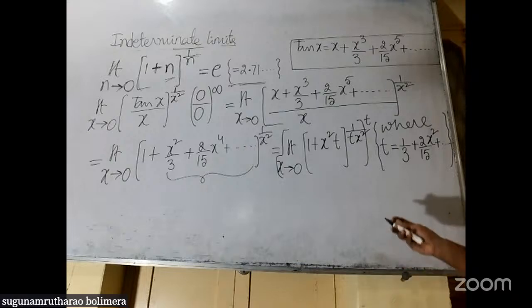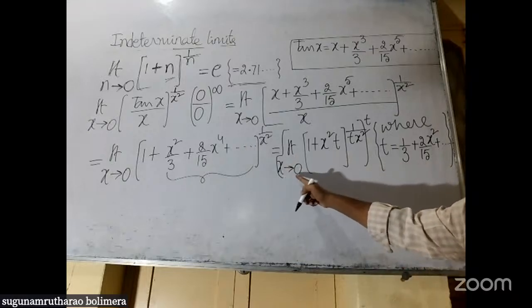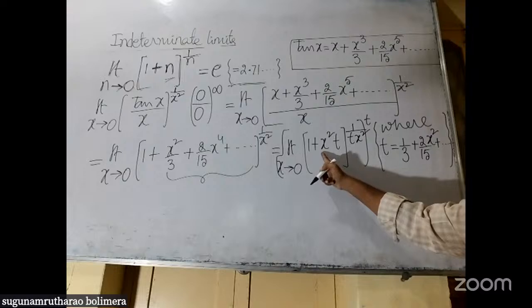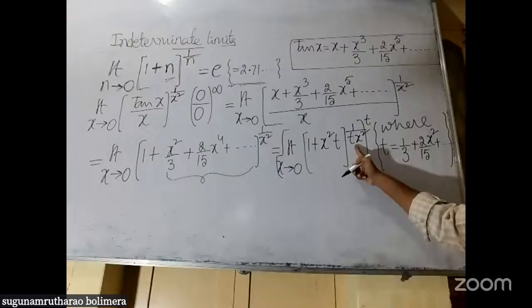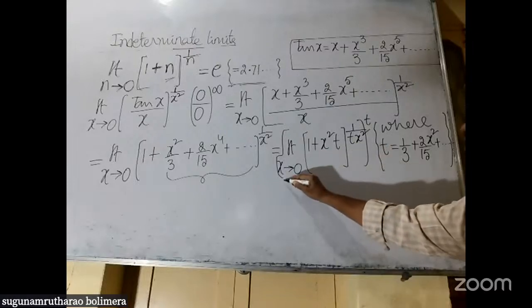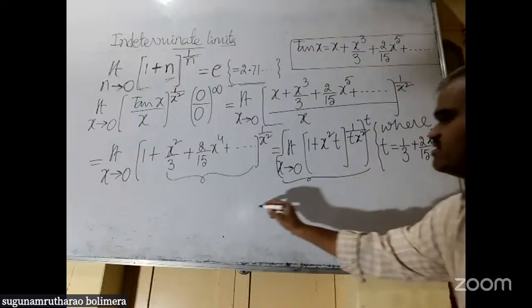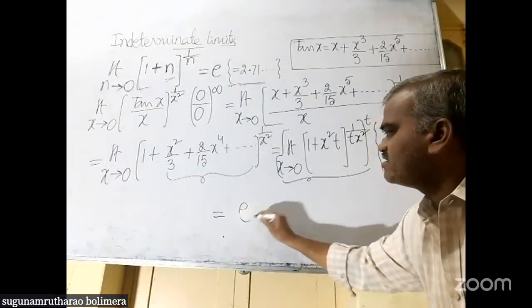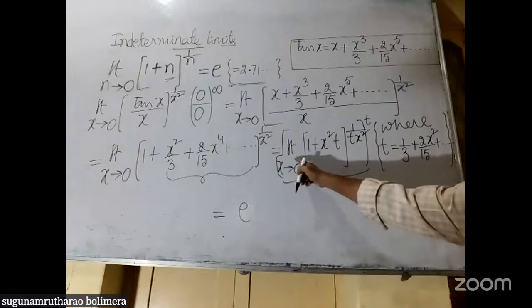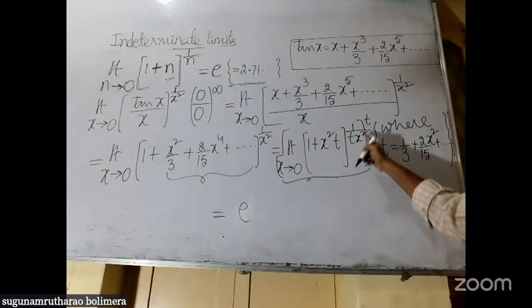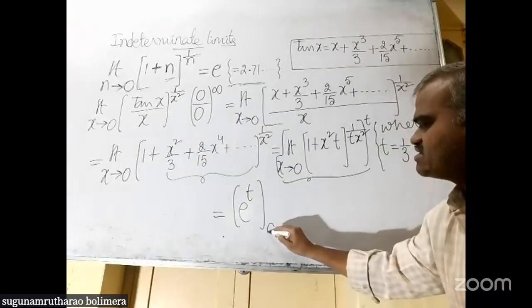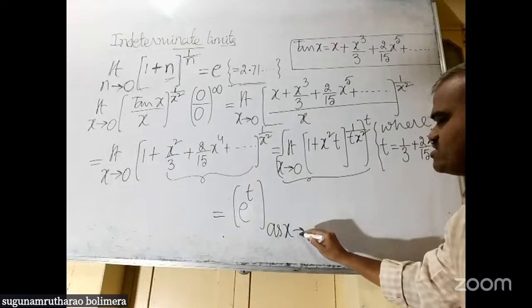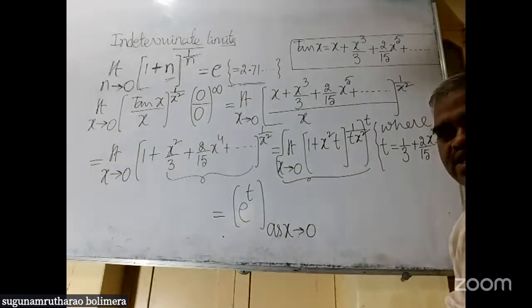As I have written, limit x tends to 0 means 3x square also tends to 0. Whole power infinity. Okay, so the entire value inside of this is nothing but whole power t as x tends to 0.